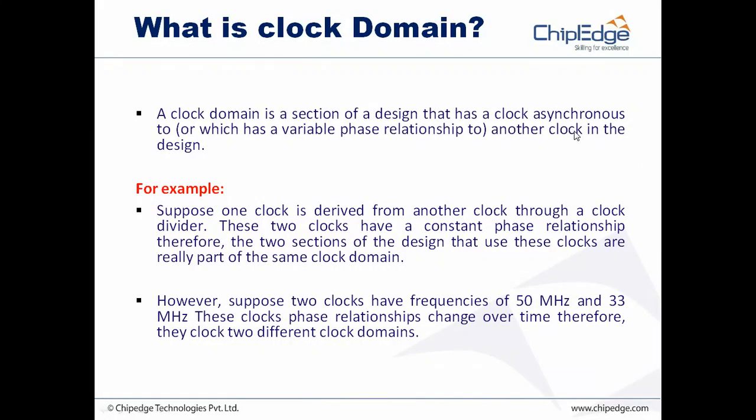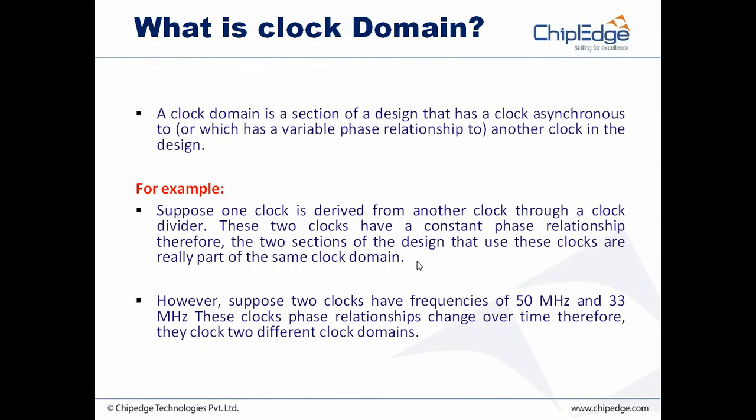Since these are derived clocks, we can't say all derived clocks are synchronous. The only thing is that the phase relation between these two clocks should be fixed. Otherwise, if it is variable, we don't know where the edges can occur, and it will change.